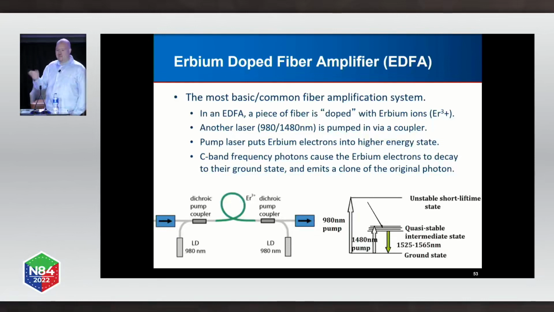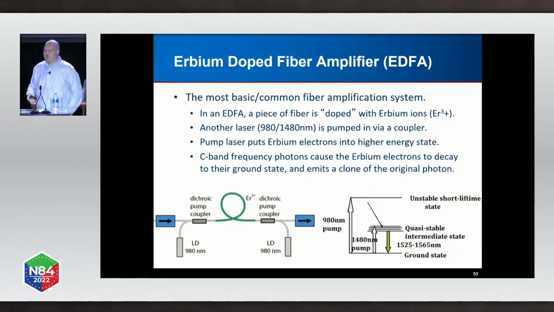So the 980 and the 1480, these are the laser powers that will come along and excite the erbium ion. So you'll have these electron shells that'll jump to a higher energy state because power has been put into the system. And so now that you have these erbium ions in this excited state, you have your good signal come in, and as it comes in and hits these erbium ions, the electron will decay to a lower energy state, and it will emit a photon, and it will be a clone of the signal that you put in, and that's how you amplify the signal.